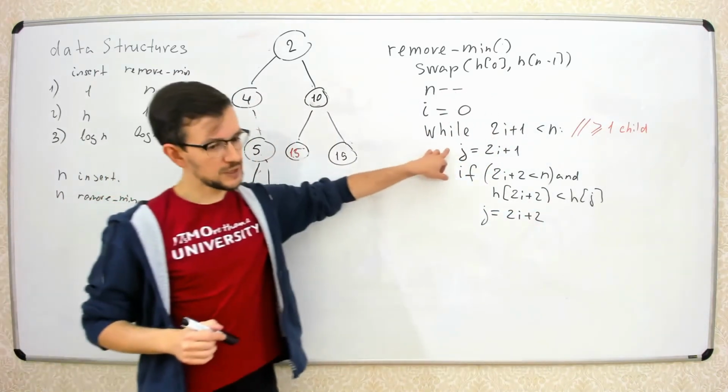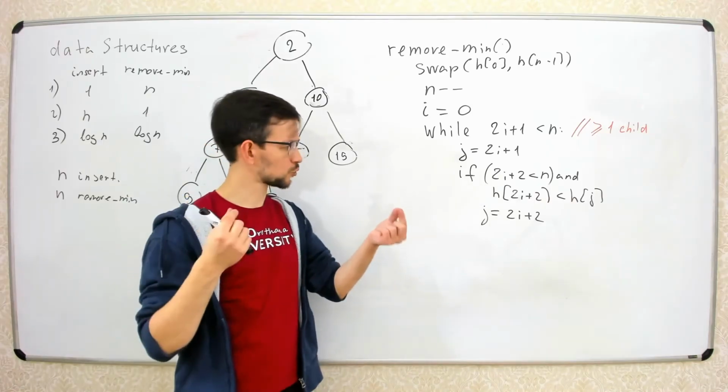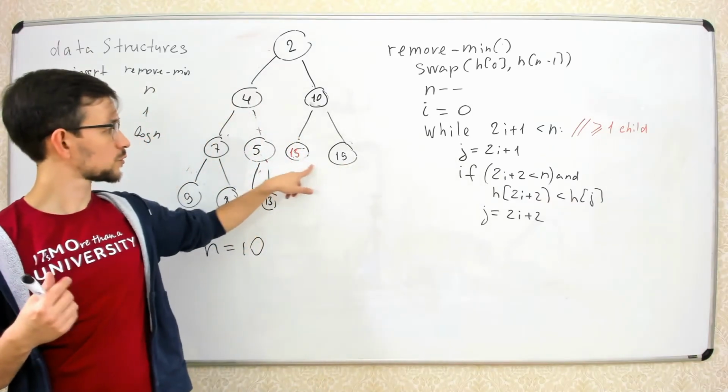So now j is the index of the minimum of two children. So this child or this child.